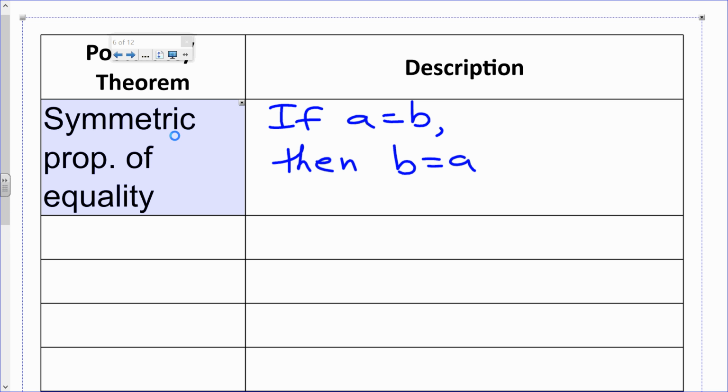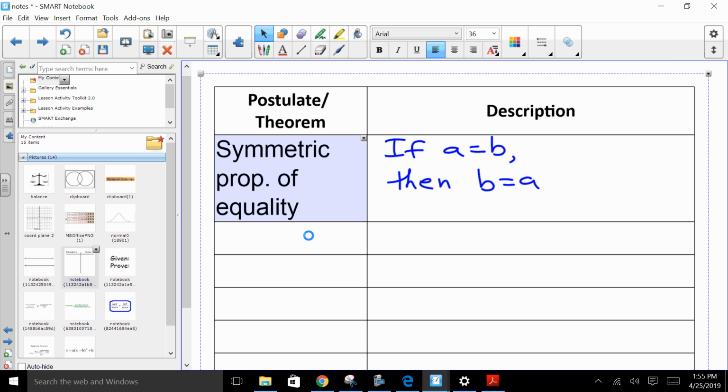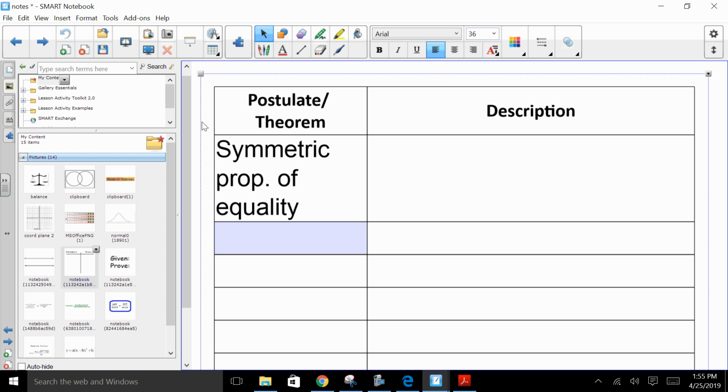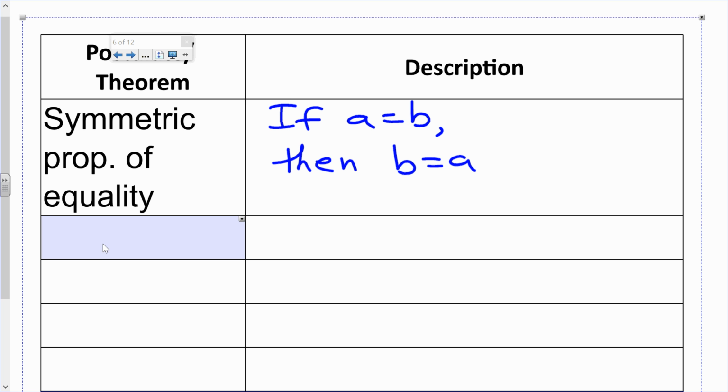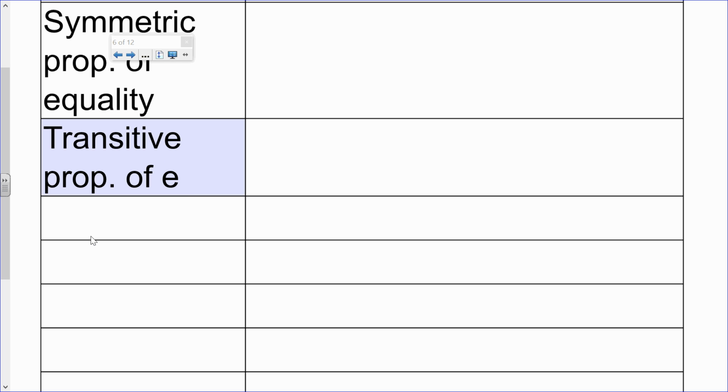Let's write this down. All right, transitive property says this. Transitive property, I'm going to abbreviate, of equality.